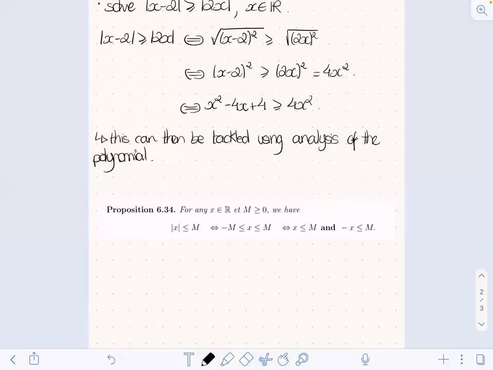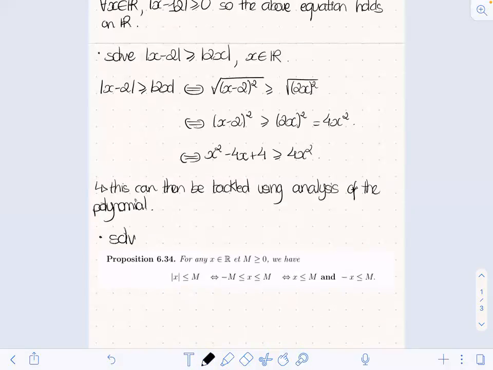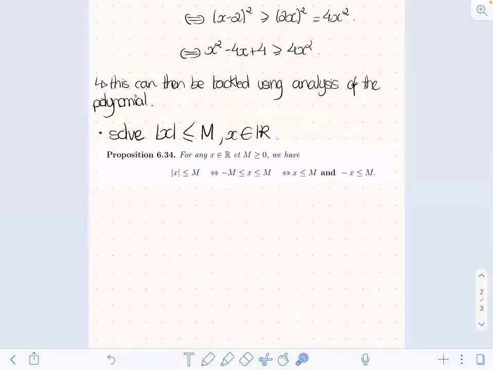Too often, with the absolute value function, we end up seeing only one of these two possibilities when there are two. So you've got to be really careful with these types of equations. So this is a final example. So x absolute value is smaller than m, x in R. What that gives you is this result here.